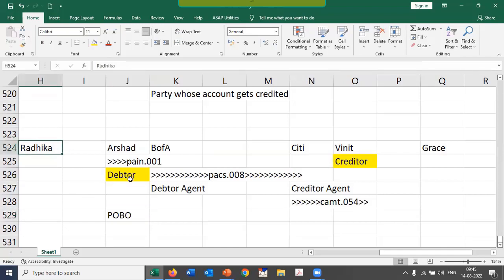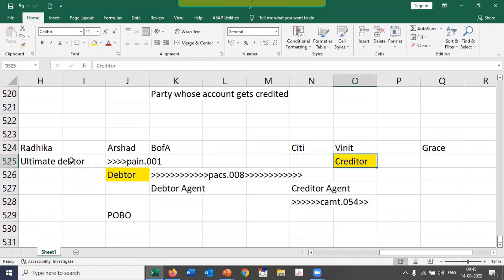Radhika is not having an account with Bank of America, but Radhika has got some kind of an arrangement with Arshad. Using that arrangement, Arshad is now making the payment on behalf of Radhika. Then since the payment is being made on behalf of Radhika, we call Radhika as the ultimate debtor, on whose behalf the payment is being made. The one who is making the payment is the debtor. Radhika in this case is the ultimate debtor.